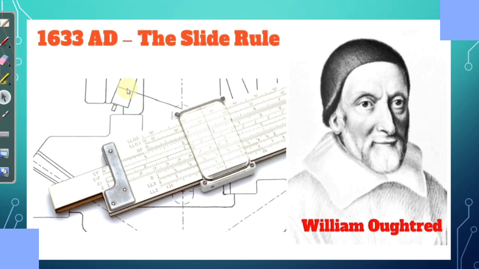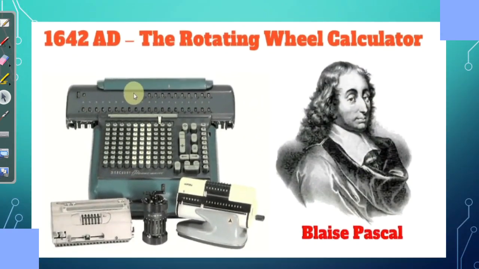He invented the slide rule method for calculation. After that, in 1642 AD, the rotating wheel calculator was invented by Blaise Pascal. This Pascal also has a programming language named after him, the Pascal language.